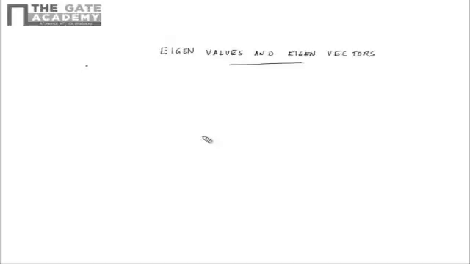For example, in mechanical engineering, if you have a stress tensor, a 3 by 3 stress matrix at a point, then its three eigenvalues represent the principal stresses, or the maximum normal stress at that point.